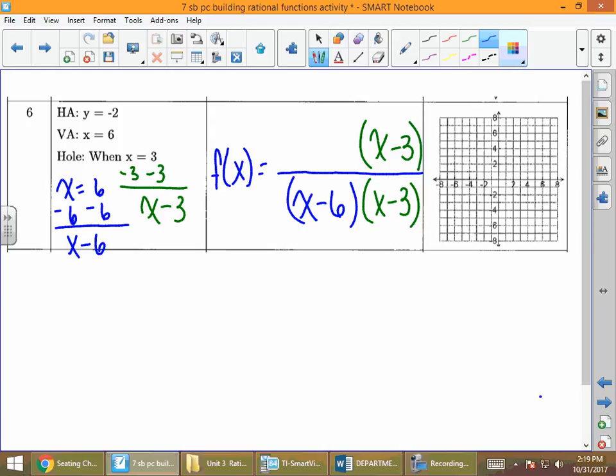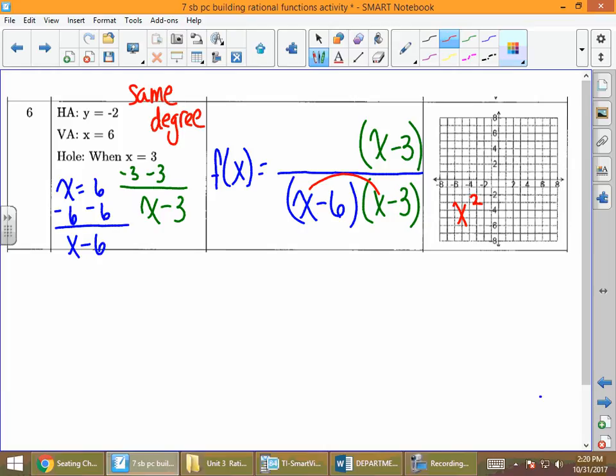And then lastly, what we have is we have y equals negative 2. Well, third in a row here, where we're going to have the same degree. As we take a closer look at our denominator, we have x times x. That value is going to be an x squared.